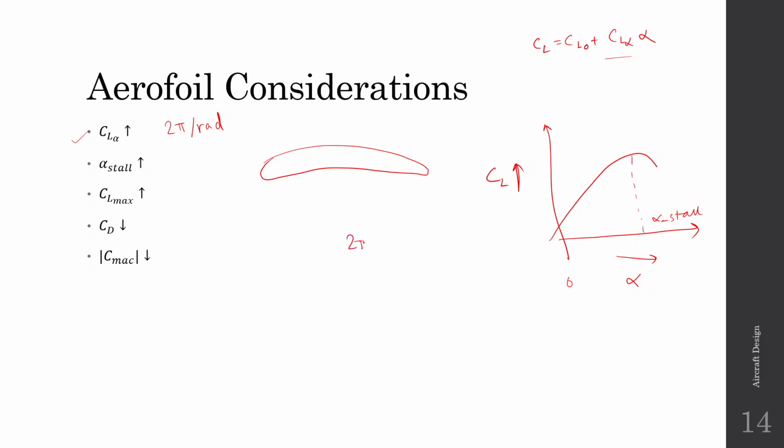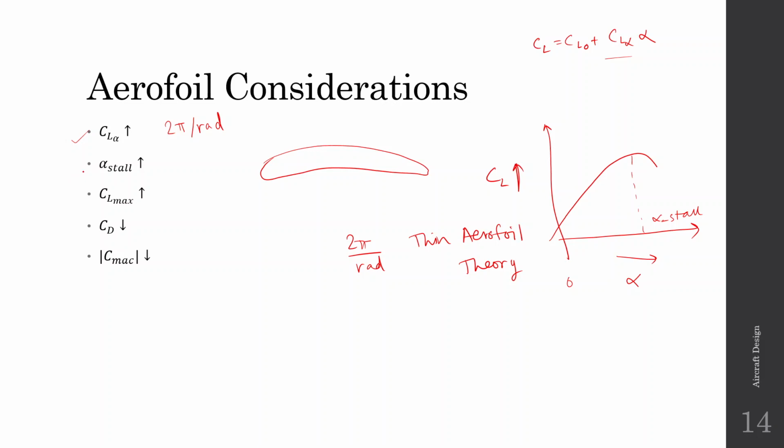This 2 pi per radian limit has been found from thin airfoil theory. And practically also it has been seen that it is difficult to increase the CL alpha beyond this limit. So this is not that high of a priority.